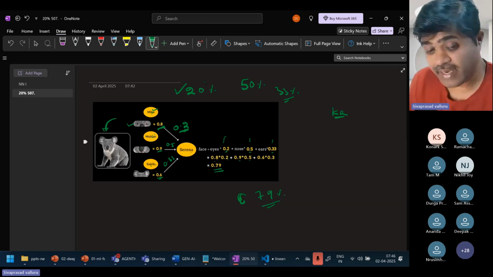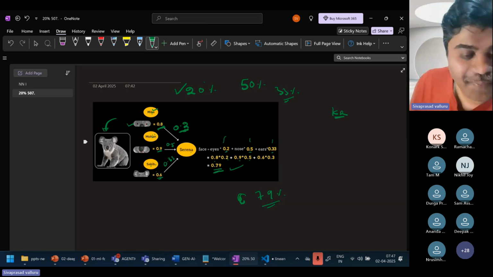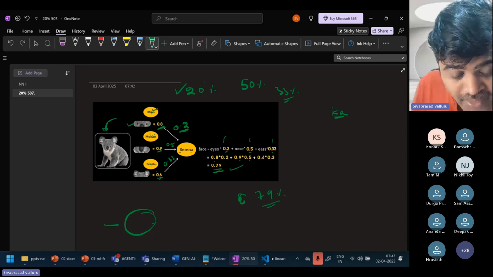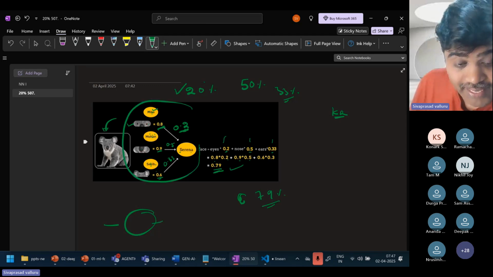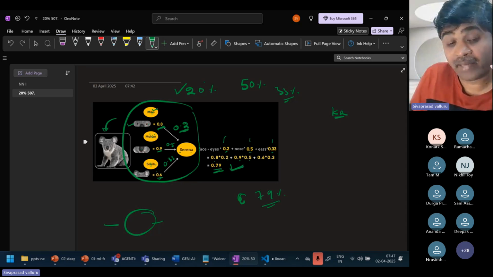So this is a final weight. Now if each person is one neuron, don't you think that instead of using a single neuron for prediction, if I create multiple neurons like this, the prediction will be much better? Do you agree?